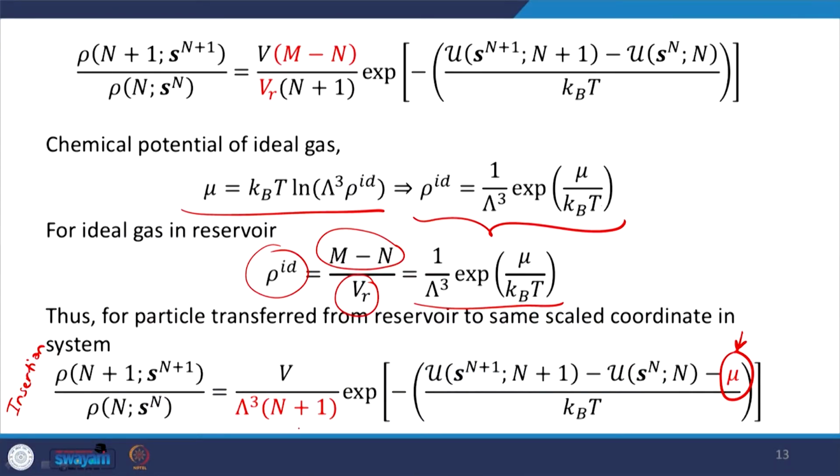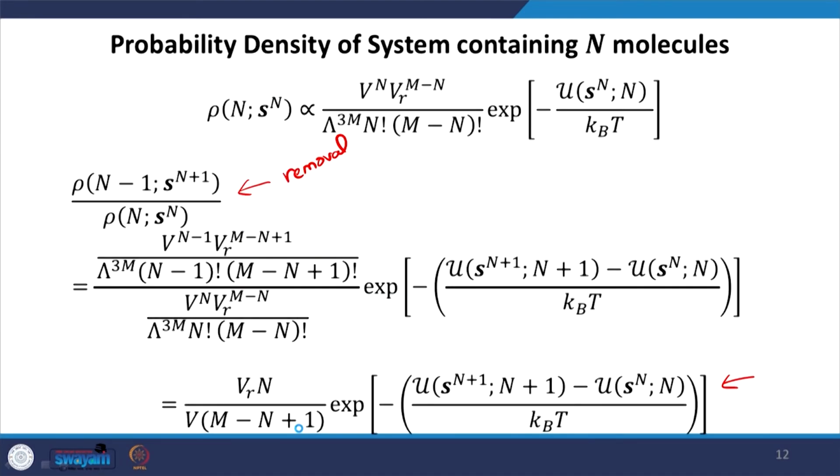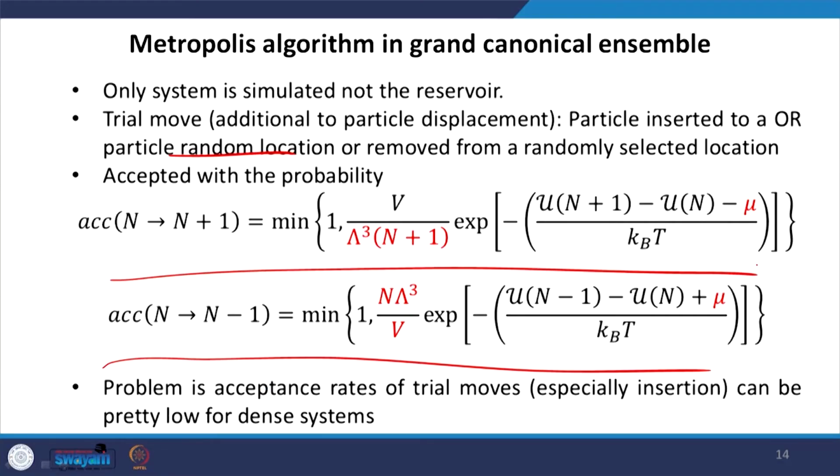For the insertion case we had V over (N plus 1) multiplied with lambda cubed, and for the removal case we had Vr multiplied with N divided by V multiplied with (M minus N plus 1). Therefore, only the prefactor is changing in these cases, and when I include the prefactor effect using the expression for the ideal gas, we get slightly modified forms of the transition probability in these two cases.